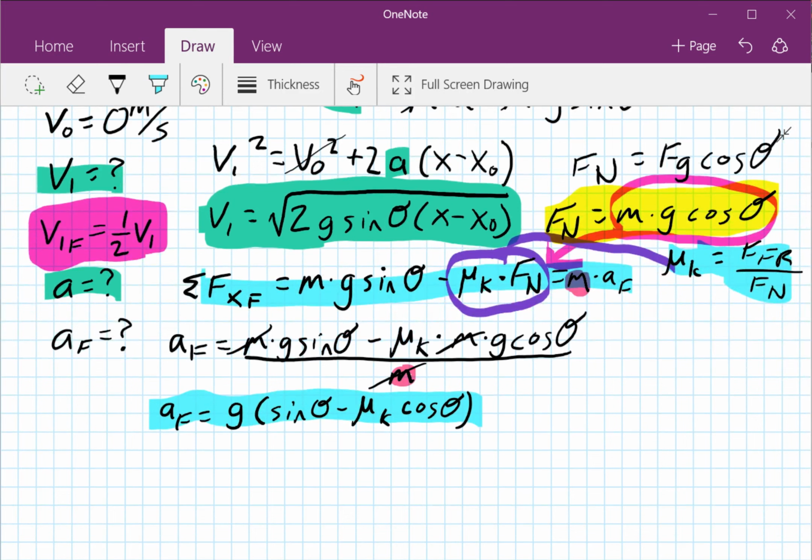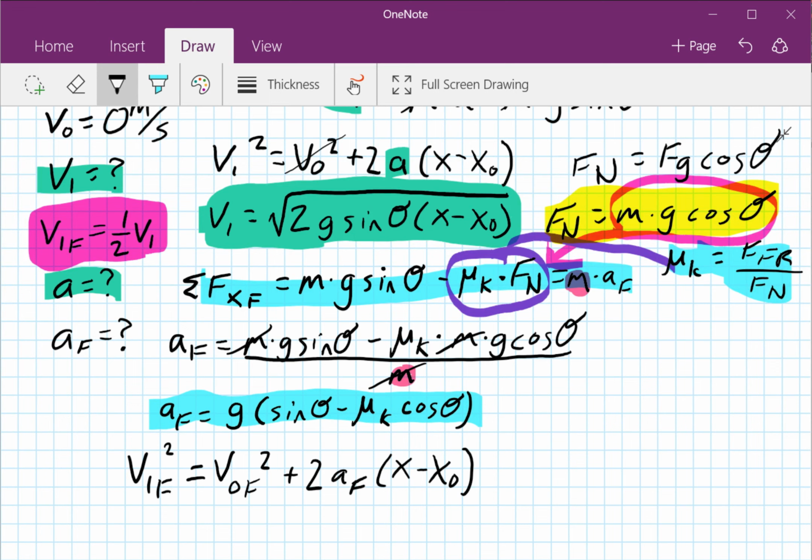If we relate back to the velocity equation, the third equation from kinematics, we will have V final with friction squared equals V initial with friction squared plus 2 times the acceleration with friction and then the position change.